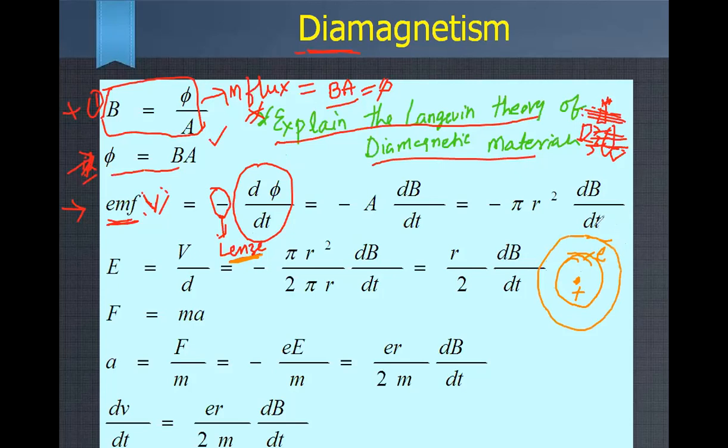When the electron is revolving in this direction, the current should be in the opposite direction. When the electron is moving in the anti-clockwise direction, the current should be this way, and the electron the other way. They are always in opposite directions.